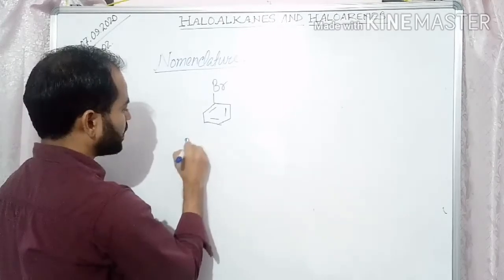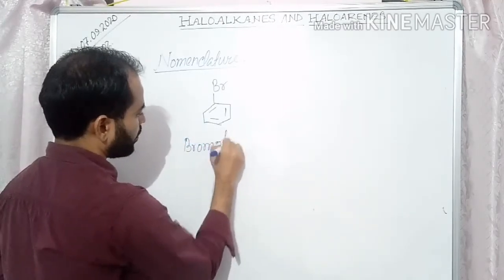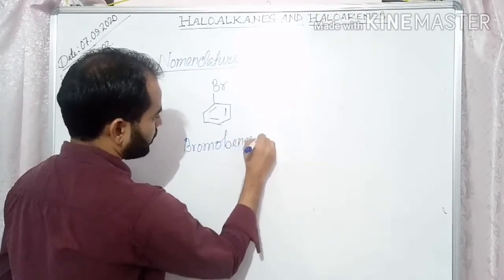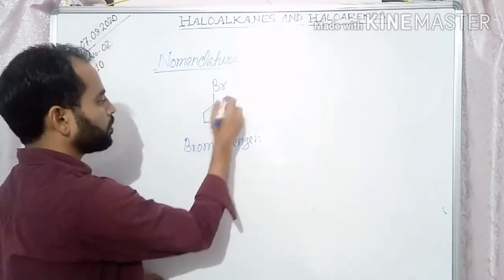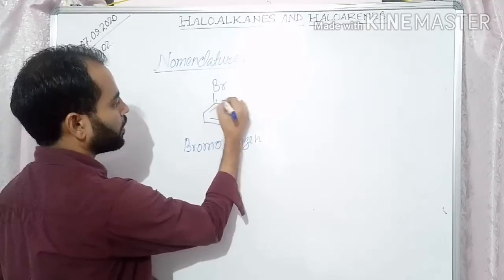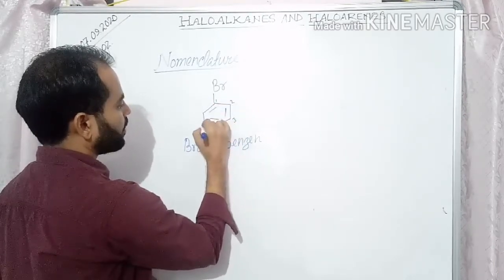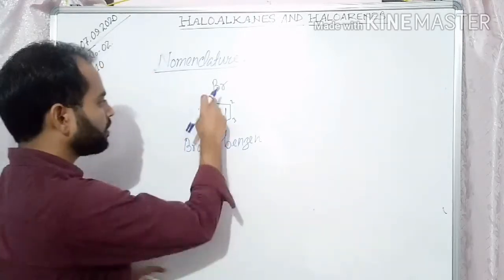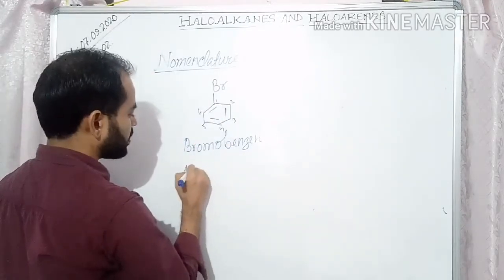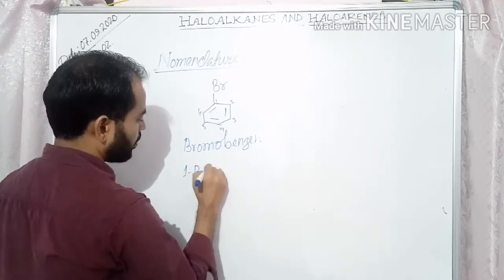The common name is bromobenzene, and for the IUPAC name we have to number it 1, 2, 3, 4, 5, 6. At the first position there is bromine, so we can write 1-bromobenzene or simply bromobenzene.